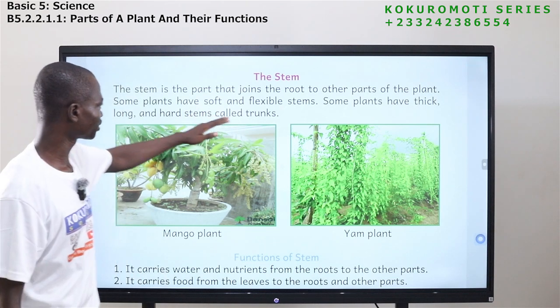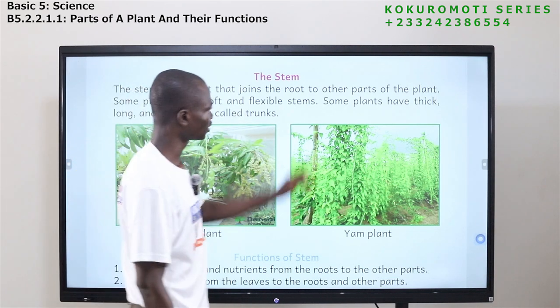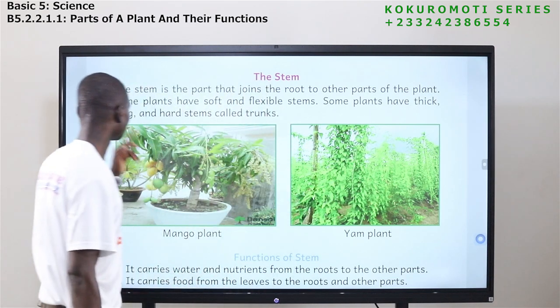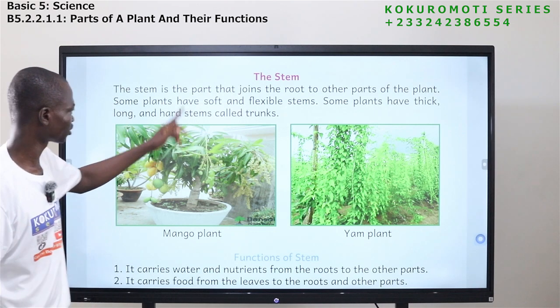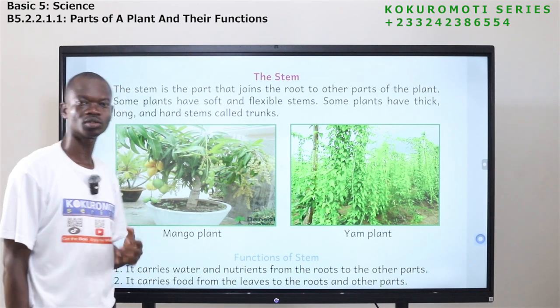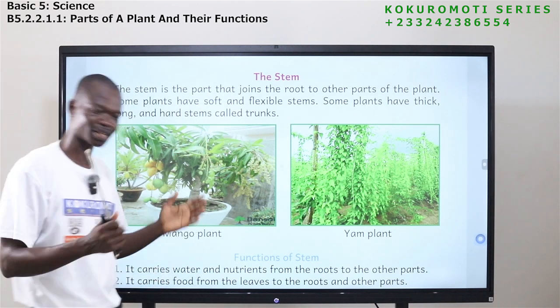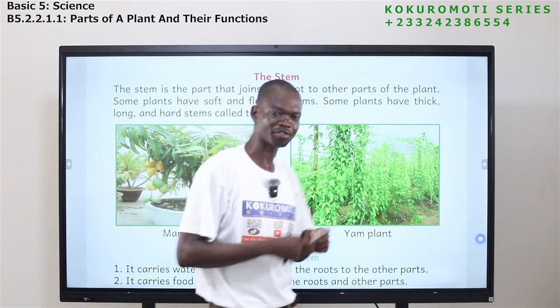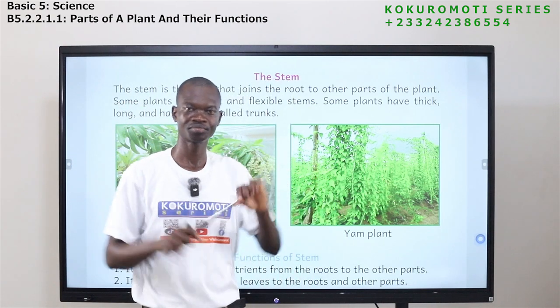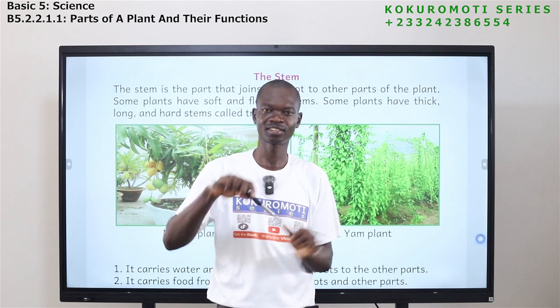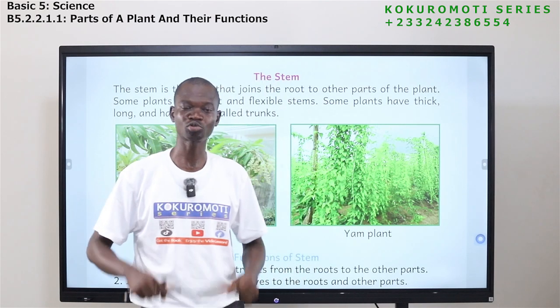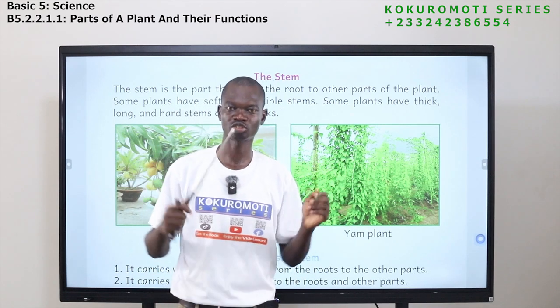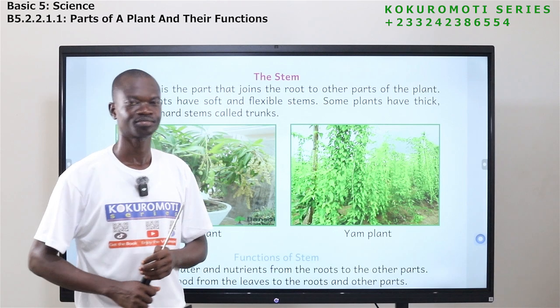Some plants have soft and flexible stems. Some plants have thick, long and hard stems called trunks. So stems of plants are not the same. Some are flexible, you can bend it. Some too are very hard and strong.